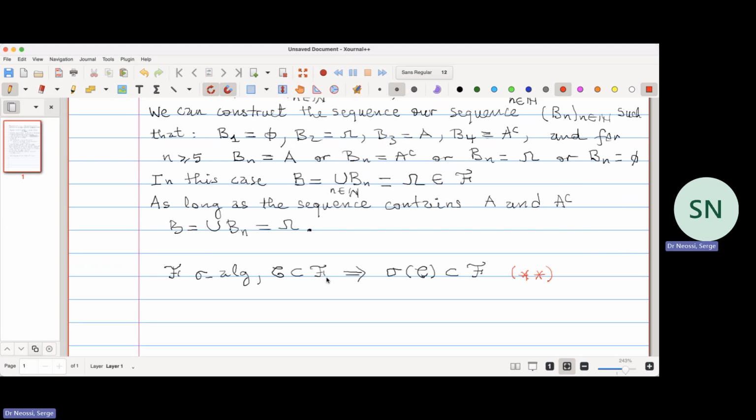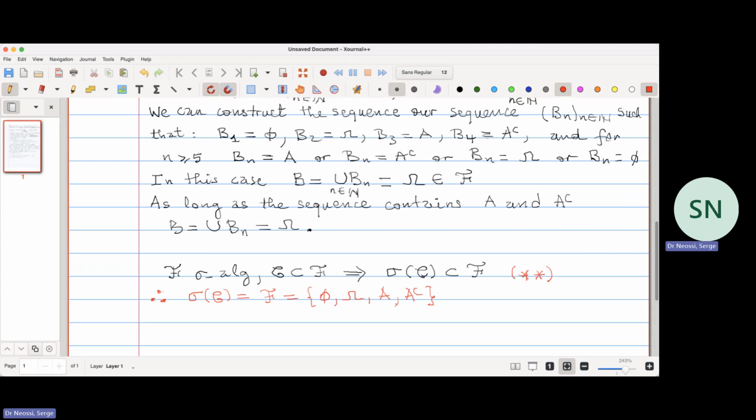So if we group star and double star, we conclude that the sigma algebra generated by C is F, which, from what follows above, is the set made of the empty set, omega, A, and A complement.